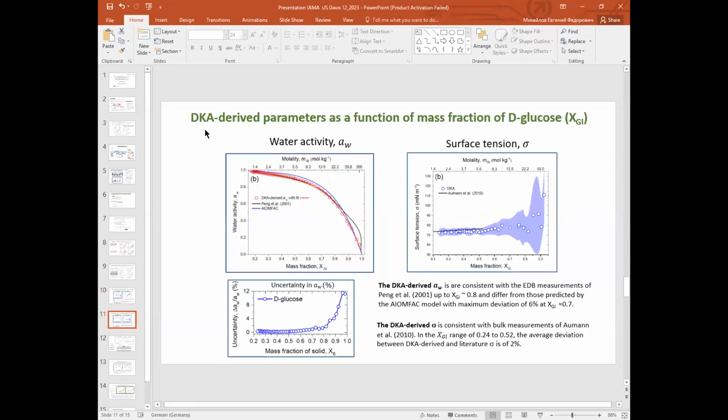The next example is the same for pure glucose particles. We see the Köhler-derived water activity for nanoparticles. It's in very good agreement with bulk measurements. It's also in very good agreement with the surface tension model and empirical Raman measurements obtained with a bulk method. This is very good agreement.